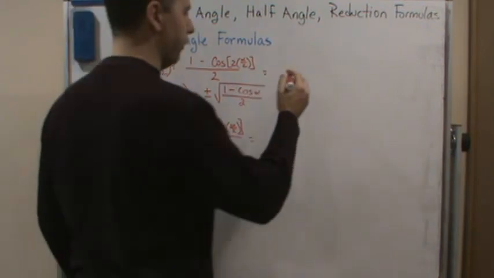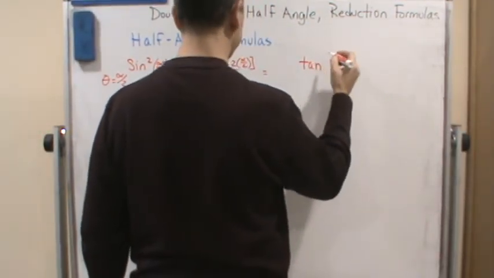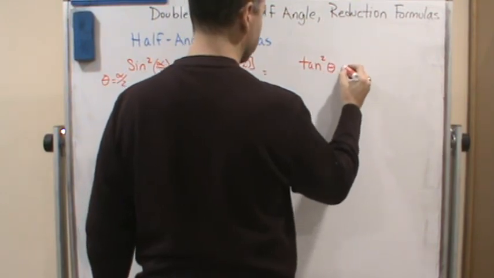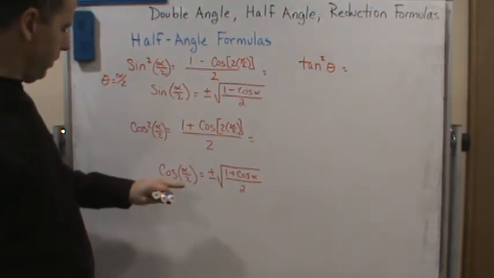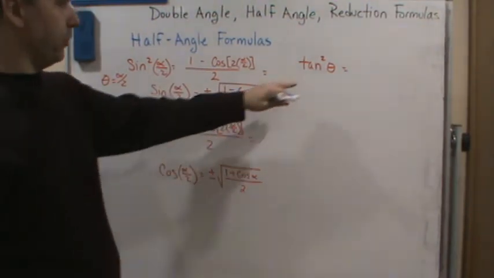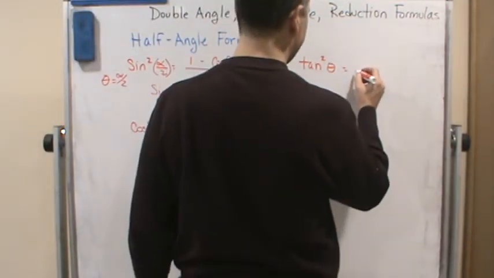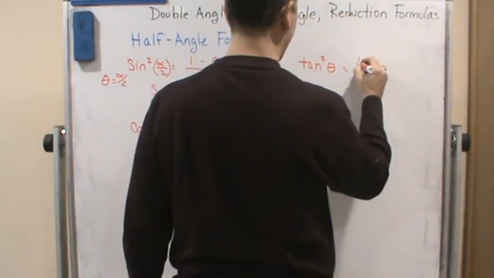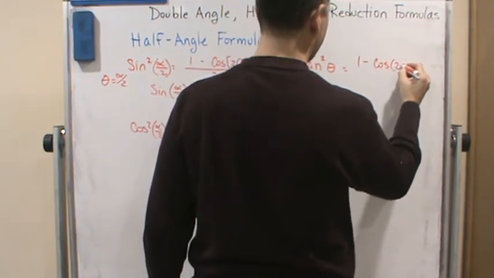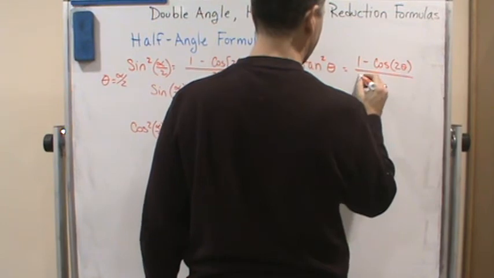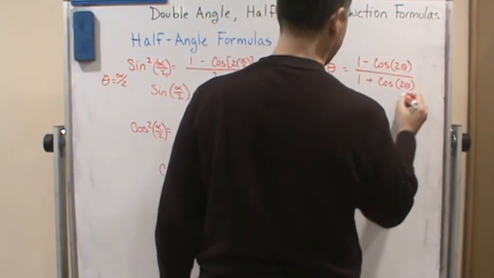So tangent squared theta is equal to sine squared over cosine squared. If you don't remember the formula for this, you can easily derive it. And so what do we get? We end up getting 1 minus cosine 2 theta over 1 plus cosine 2 theta.